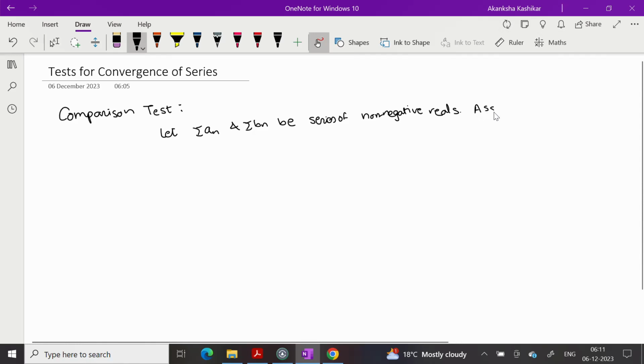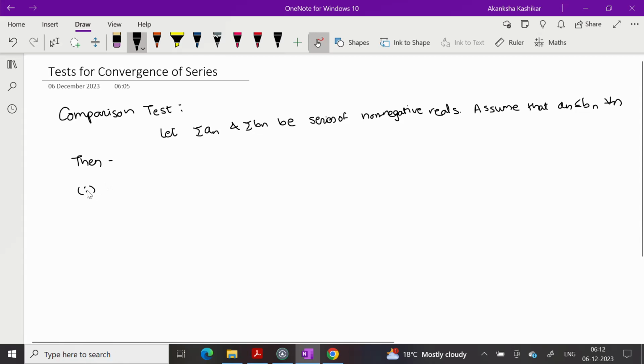Assume that an is less than or equal to bn for every n. Then, if we have this relationship that an is less than or equal to bn for every n, we have different scenarios.